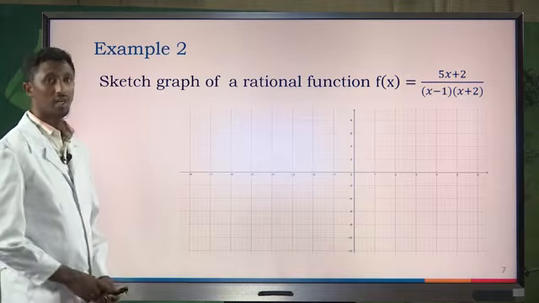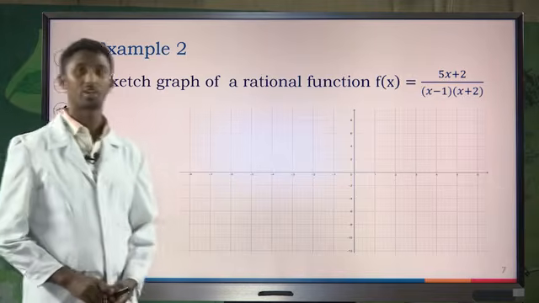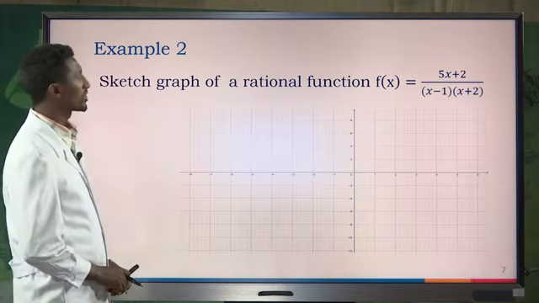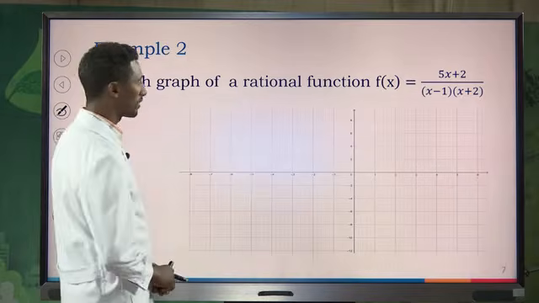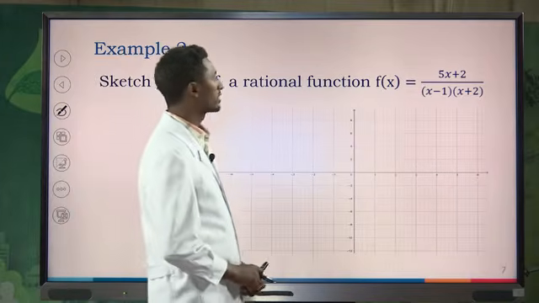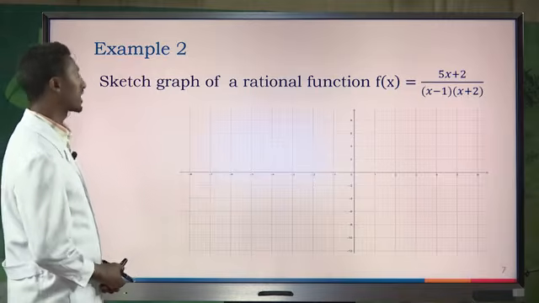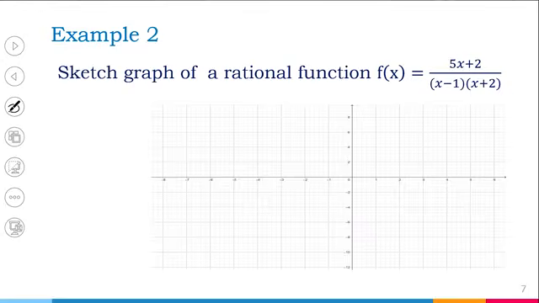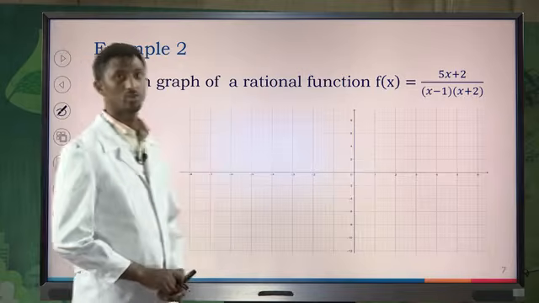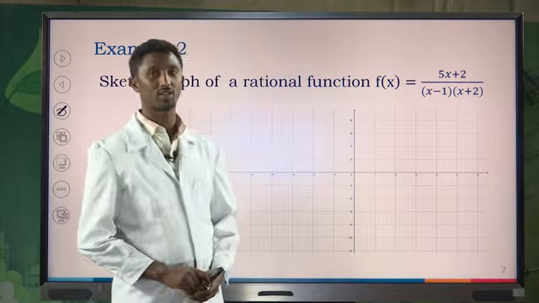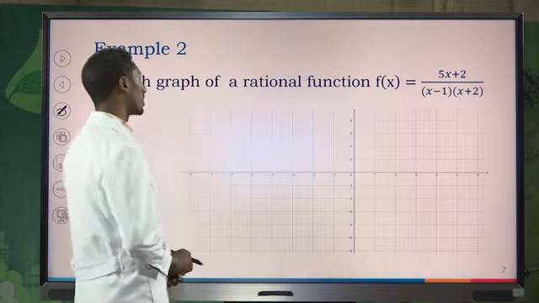Then let's draw a graph of this rational function. f of x equals 5x plus 2 over (x minus 1) times (x plus 2). To draw the graph of this rational function, let's determine the vertical asymptotes. A vertical asymptote is a number x that makes the denominator equal to 0.